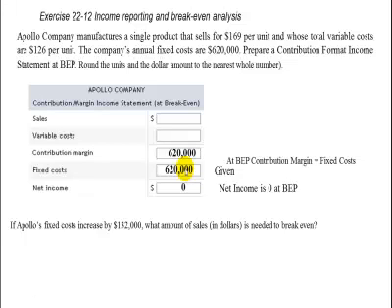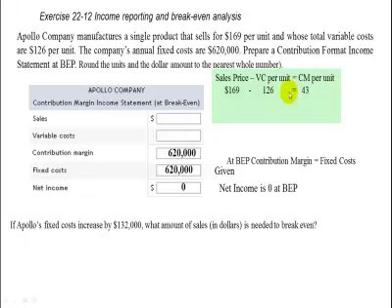So now, if we're looking for variable costs, that's the next line up. We know contribution margin was $620,000, and we know that selling price minus variable cost equals contribution margin, which in this case would be $169 selling price minus variable cost of $126 equals a contribution margin of $43 per unit.